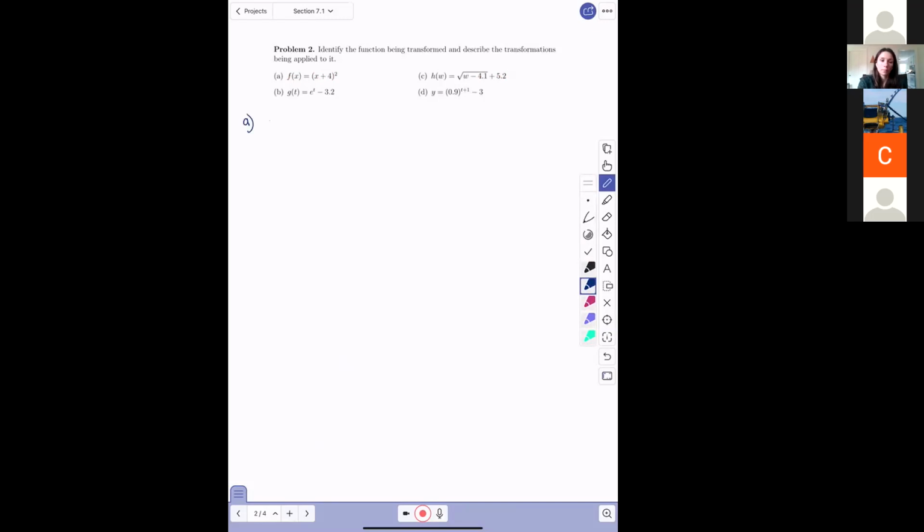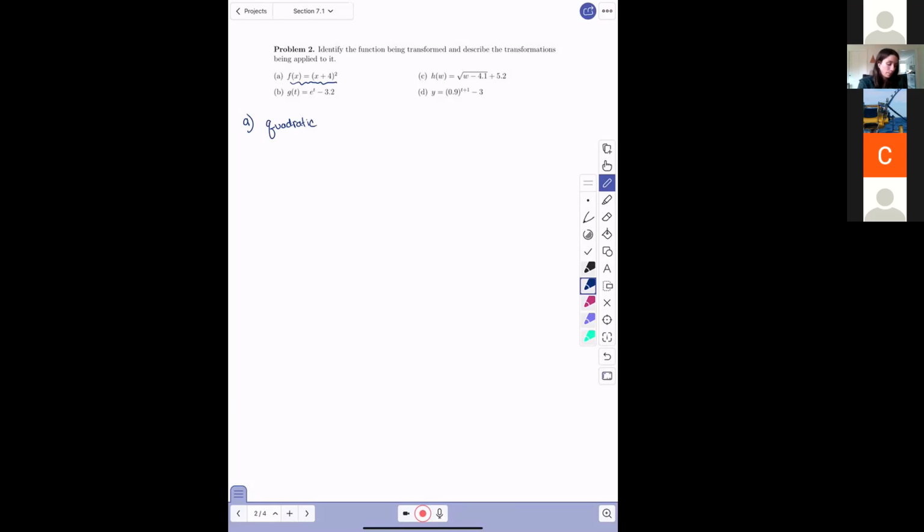The parent function. It's the parent function, and this one happens to be quadratic. And since the parent function is quadratic, the transformed function is also quadratic. Does that make sense?